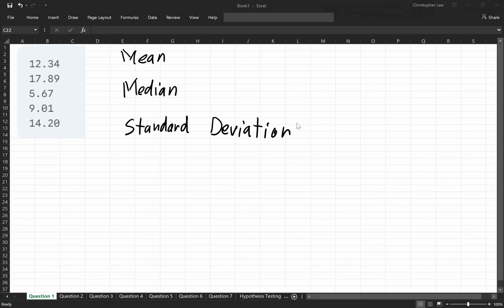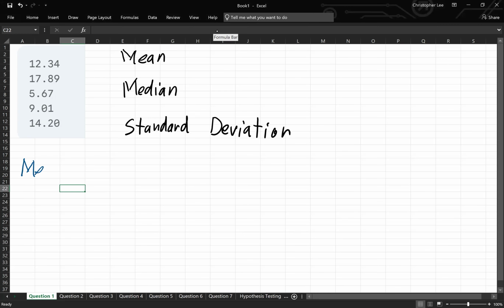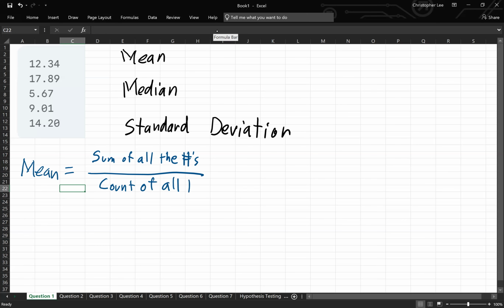So, first question. I have these five numbers. I want the mean, the median, and the standard deviation. All right. So, mean. How do I find the mean again? Right. So, the mean is going to be the sum of all the numbers divided by the count of all the numbers.